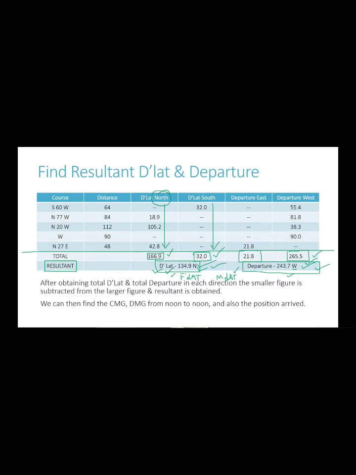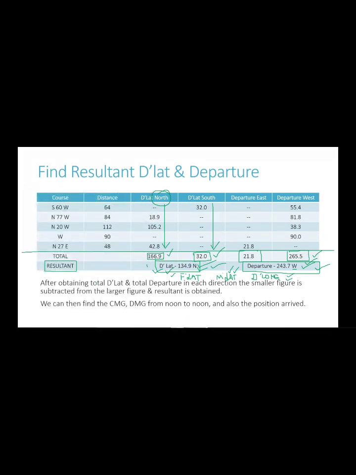So from this departure and from the mlat, we find out the d long. When we apply this d long to the initial longitude, it gives us the final longitude. Right, beta? So final position हमारे पास आ जाएगी.